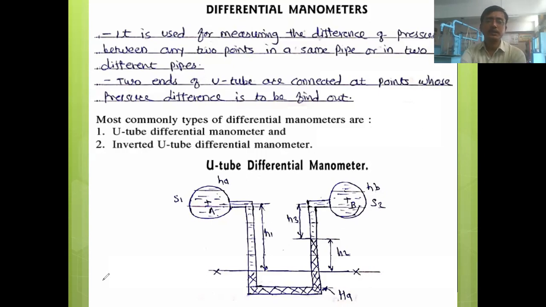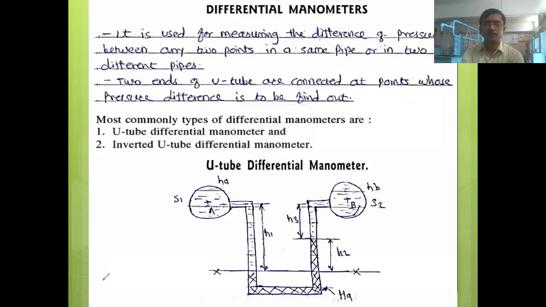Who will tell me what is the use of differential manometer? Why is it different from the simple manometers? We have seen the broad classification of manometers as simple manometers and differential manometers.